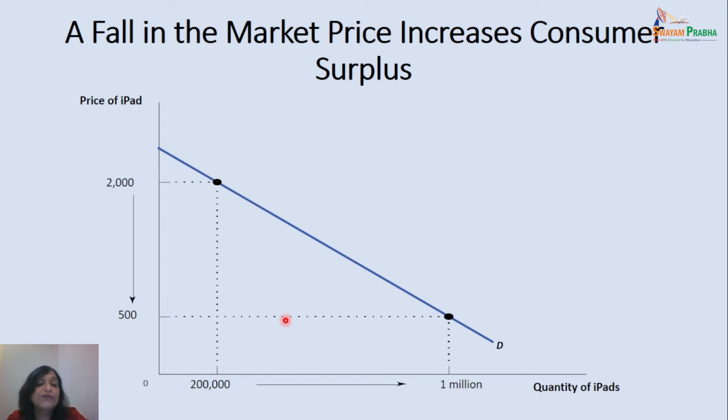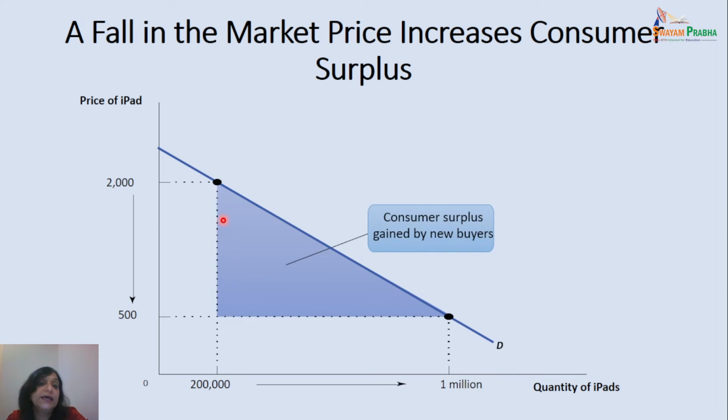So this whole triangle will be your new consumer surplus. This new triangle is the consumer surplus which has been gained because new buyers have come in, because at 500 more people will come in. Earlier the price was high, their willingness to pay was low, so they were not buying. With the fall in price, it has persuaded them to buy the product.